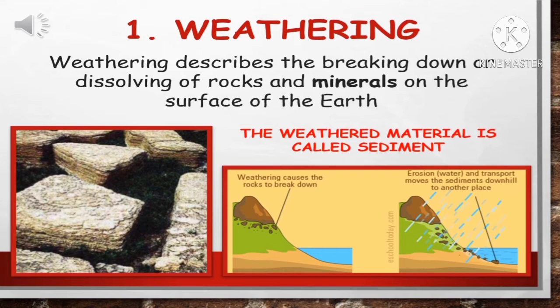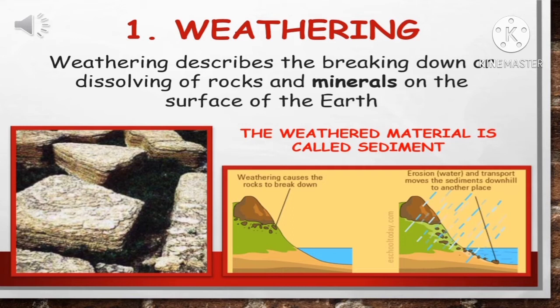So, ang mga bato ay pwedeng masira, pwede po silang mahati-hati, okay? And this weathering process is caused by different factors. Pwedeng wind, pwedeng mga water, or even animals and humans.